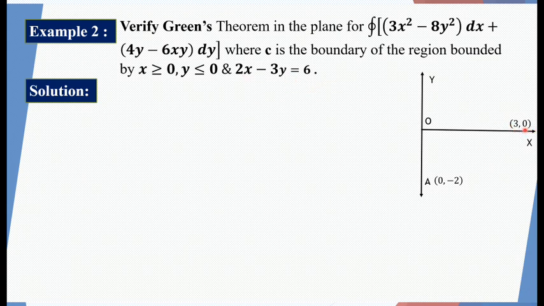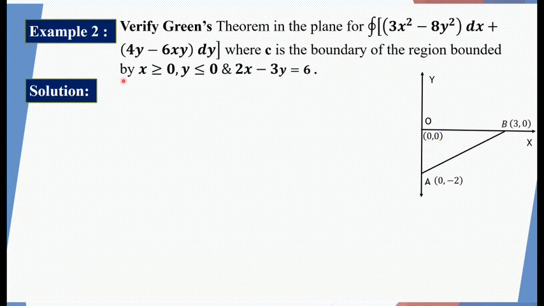So it is (3, 0). Let this be the point B. Now if we join A and B, then we can get this particular line. Now see, what is the coordinate of O? O is the origin, so the coordinates are (0, 0).